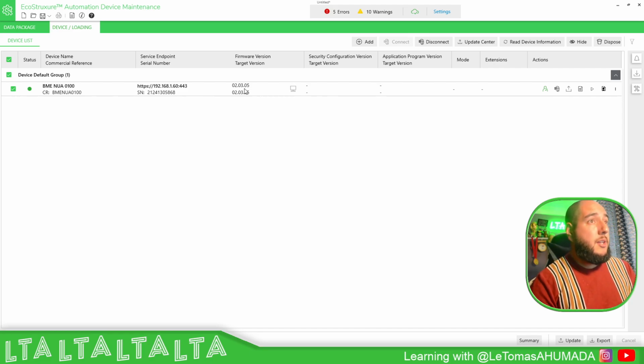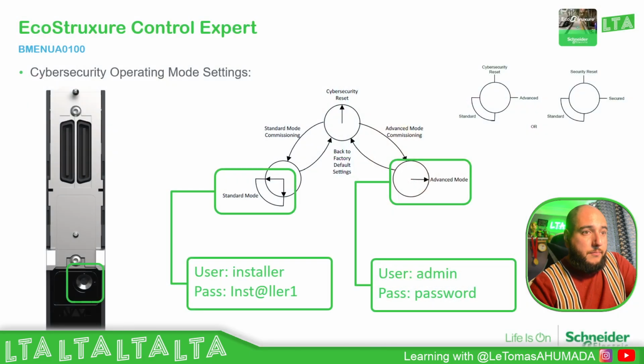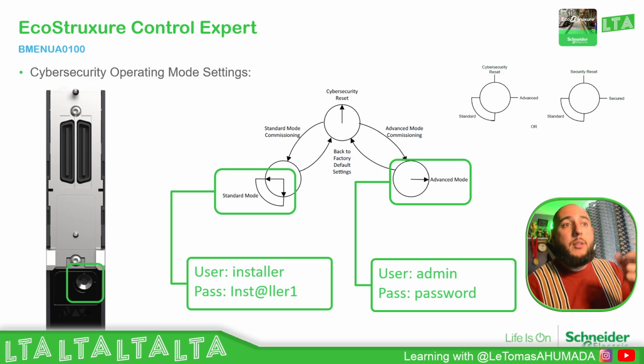Something important is that if you already used it on standard, I recommend you do a reset. Go to the reset, plug it in, wait for the LEDs to turn on again, remove it, change to advanced mode, put it back, wait for it to come back to life, and then proceed.